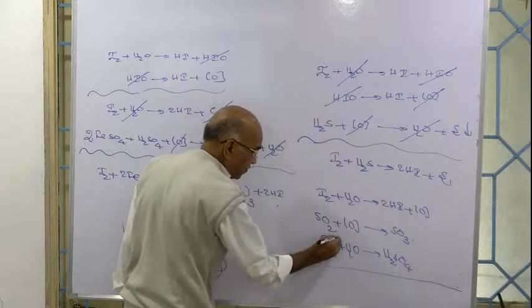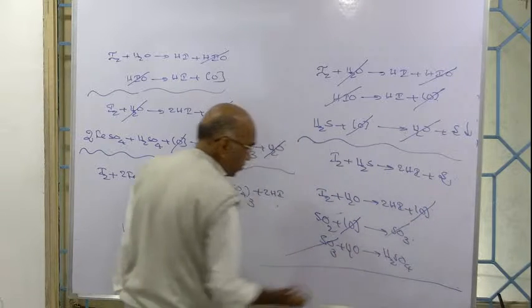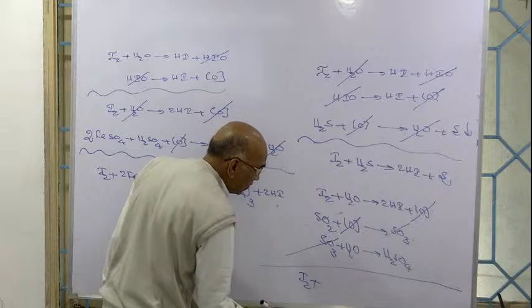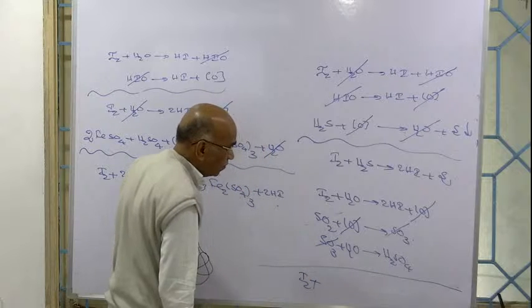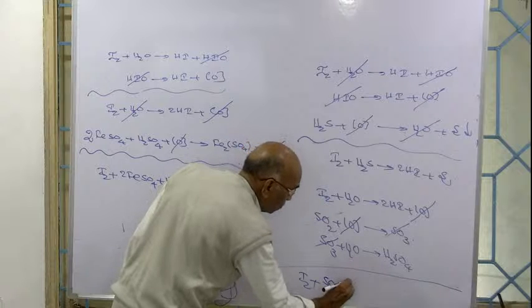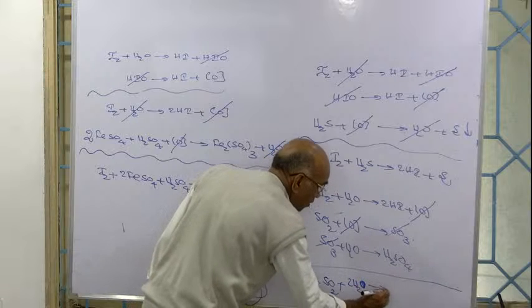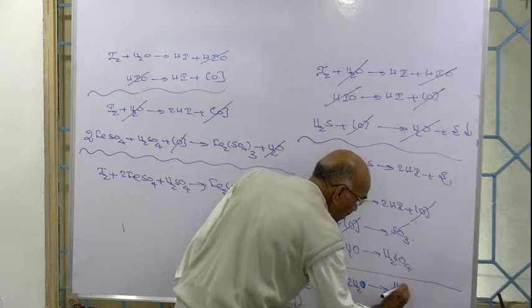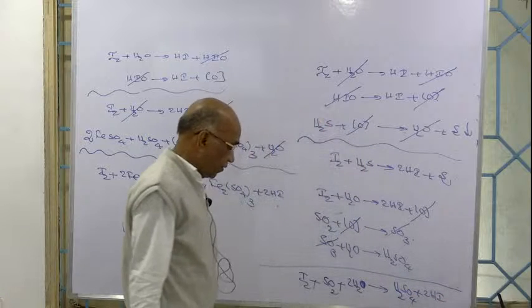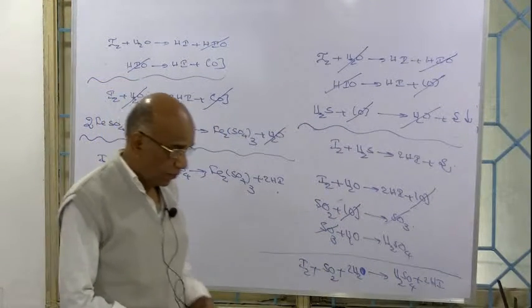So the net reaction: I2 plus sulfur dioxide plus 2 moles of water gives sulfuric acid plus 2 moles of HI. Copy down this.